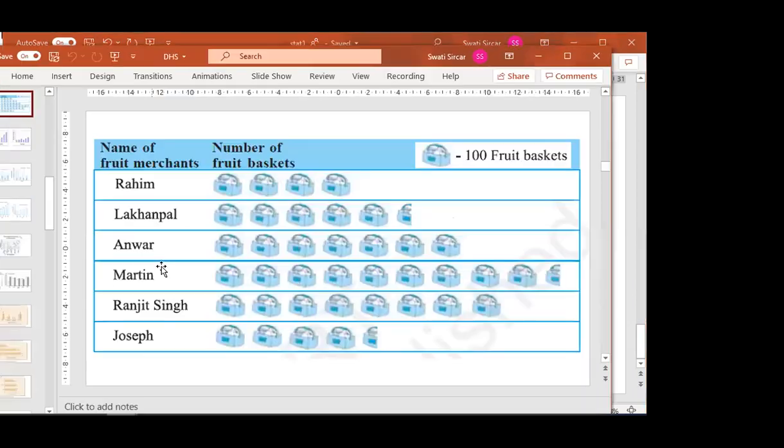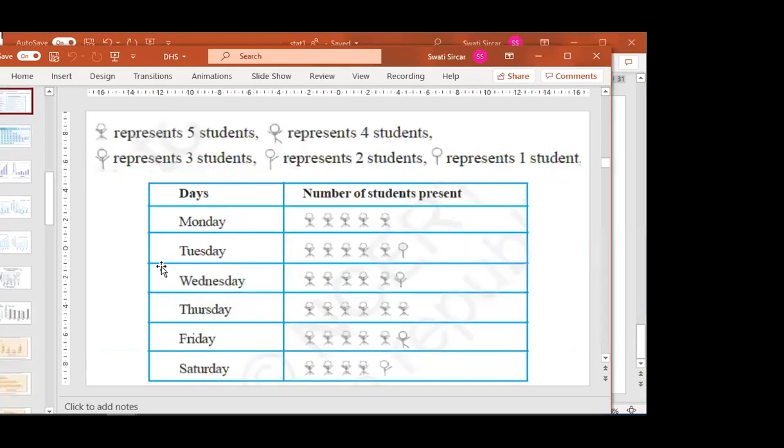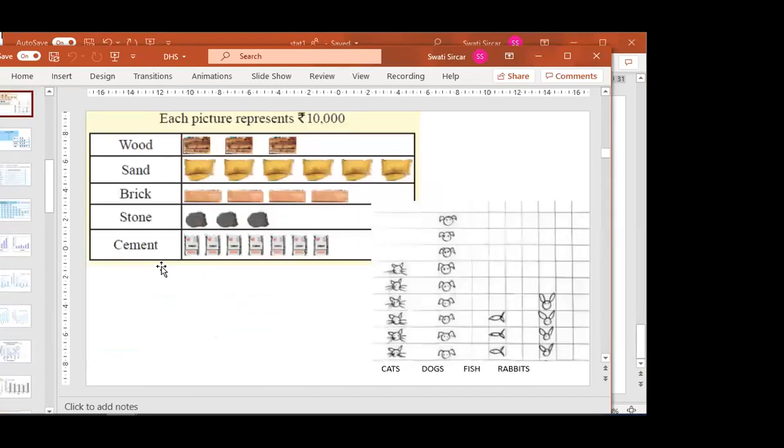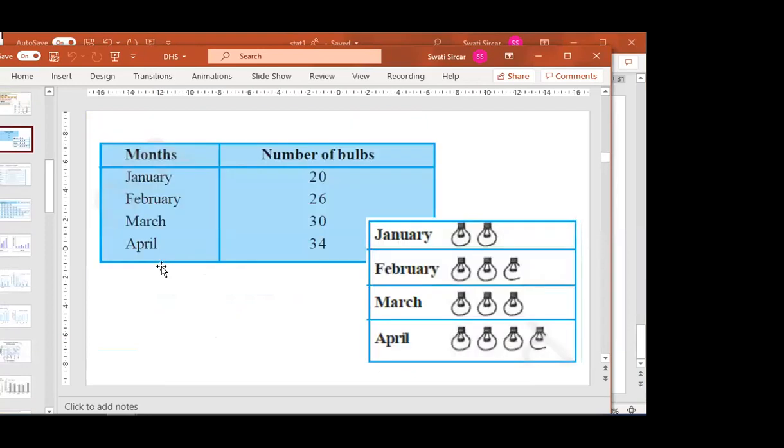Okay, look at this. Each bulb is basically showing 10. Now, if you look at February versus April, it shows a part bulb, and looking at the pictograph, both look like that part bulb is representing 5, whereas that is not the actual data.